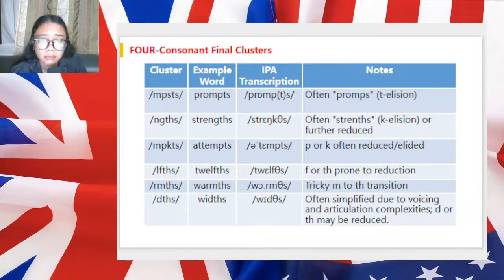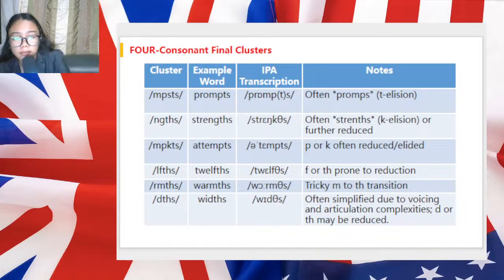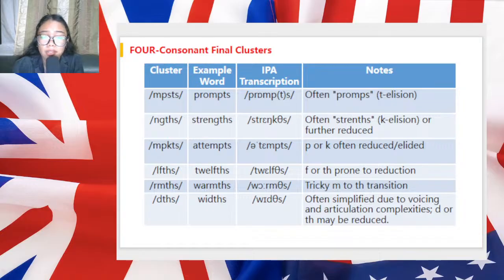These four consonant clusters are definitely advanced territory. The main takeaway here is why people tend to destroy or modify everything. Let's just have it that way.